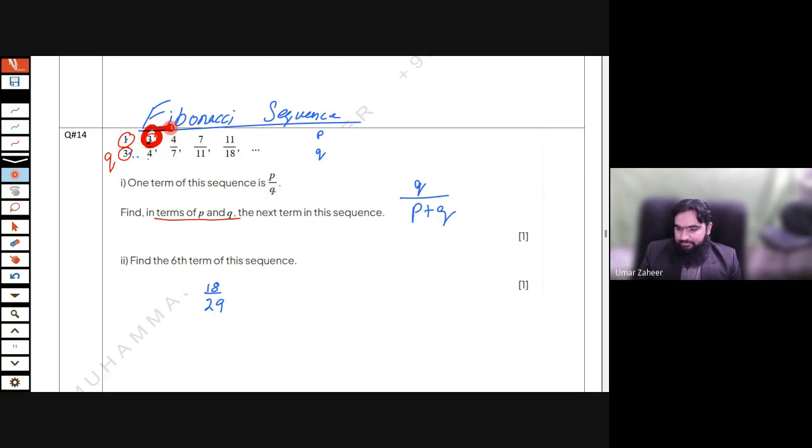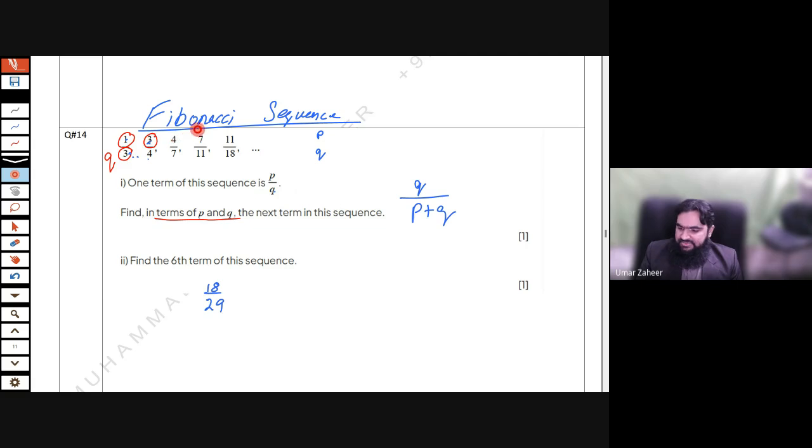If it is q, that is 3, then the next term is 4, 1 plus 3 will be 4, 3 plus 4 will be 7, 4 plus 7 will be 11, 7 plus 11 will be 18. Means you are adding two numerators and you will get the next denominator. Got it? And he says that the numerator value is p and the denominator value is q.